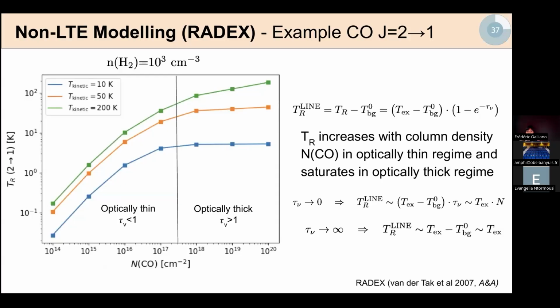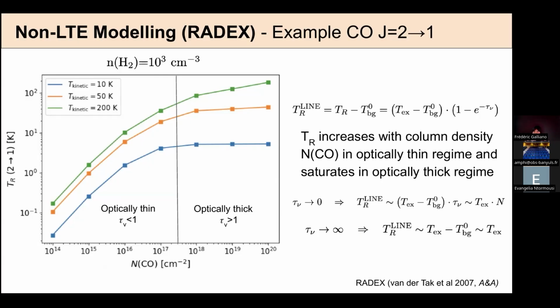Next, we plot the Rayleigh-Jeans temperature, or the brightness temperature, with respect to the total column density. And we see that the brightness temperature increases with column density in the optically thin regime. And this is because when you have more CO, you have more emission and more intensity.